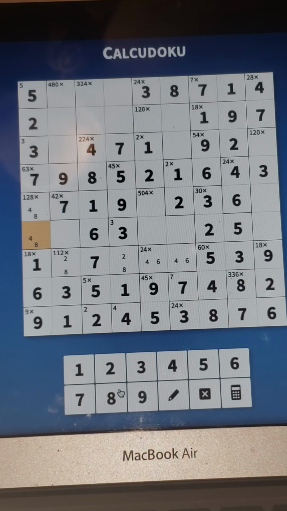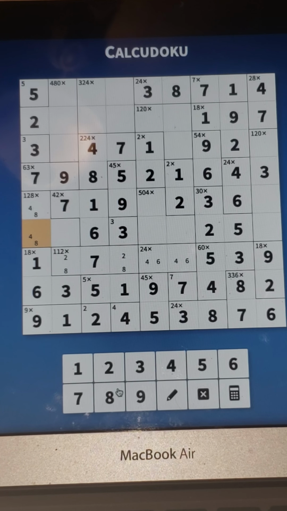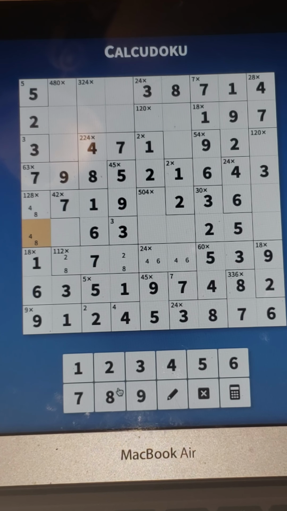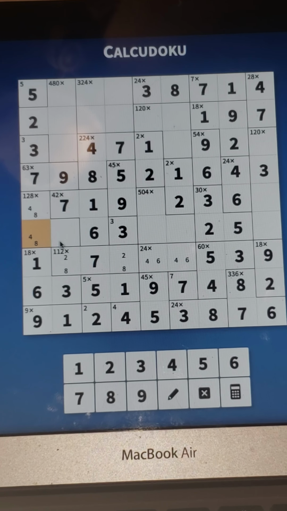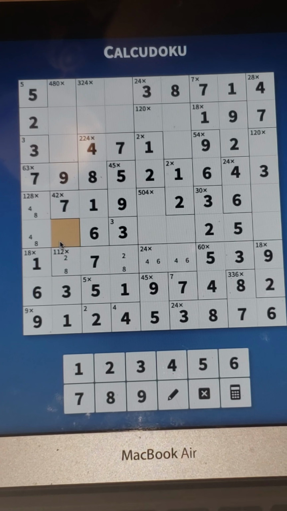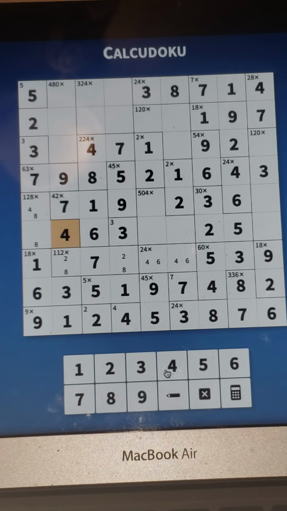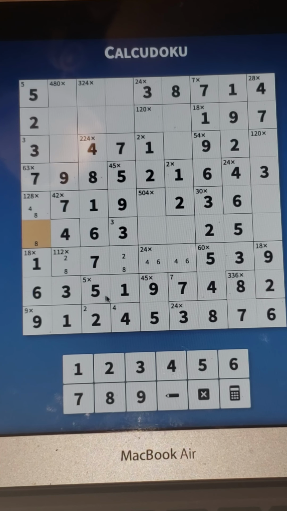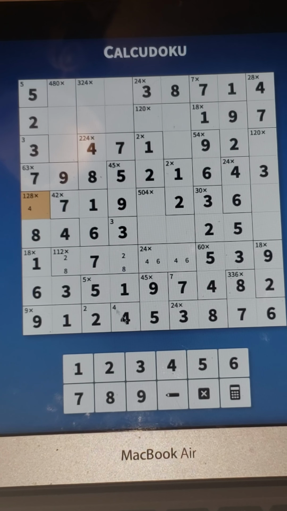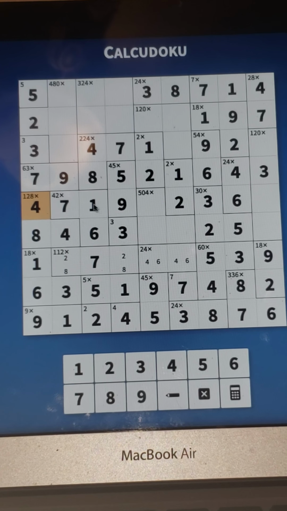And now 128 divided by 32 is 4, so we'll put a 4. Now we have 8, 4. Just like that.